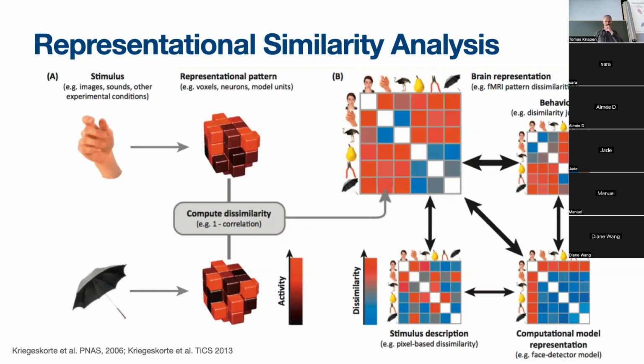And so what's beautiful here is that you can compute for a given region of interest the similarity pattern. You fill that in for a specific region, and you can have all of these different representations, so different sources of information that allow you to compare information processing between the origins of these sources of information.